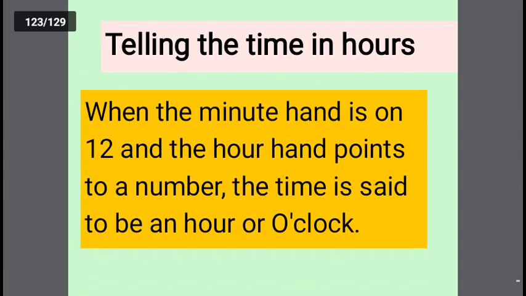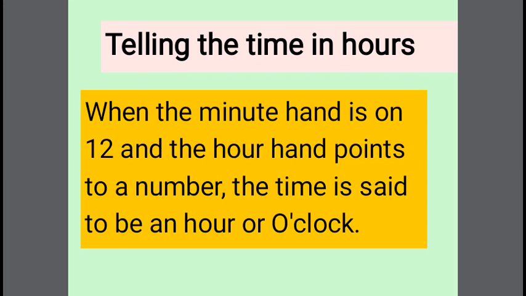Okay. Telling the time in hours. When the minute hand is on 12, that is the long and fat hand, and the hours hand, the short and fat one, points to a number, the time is said to be an hour or o'clock.